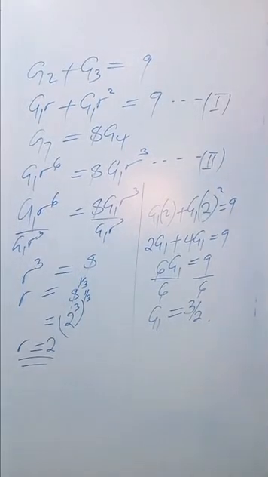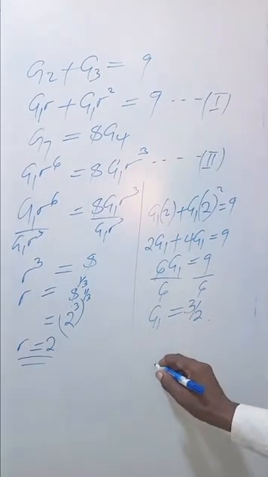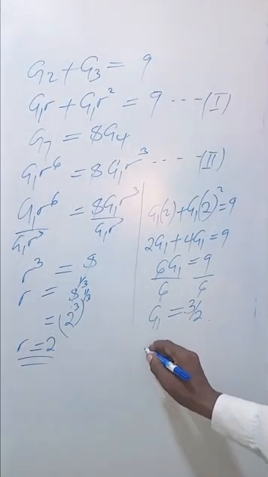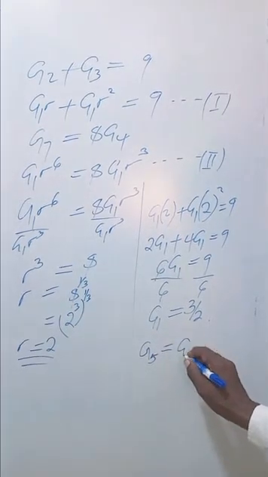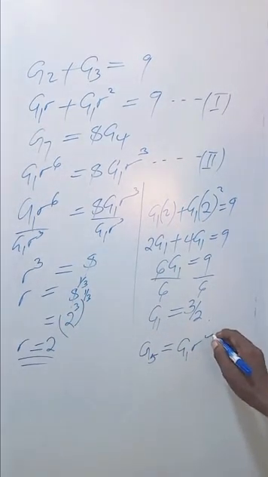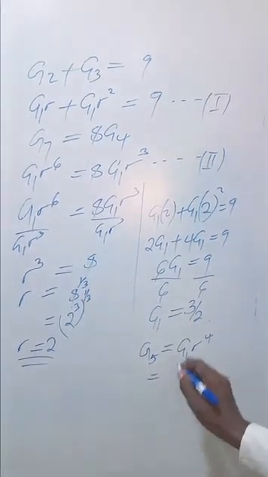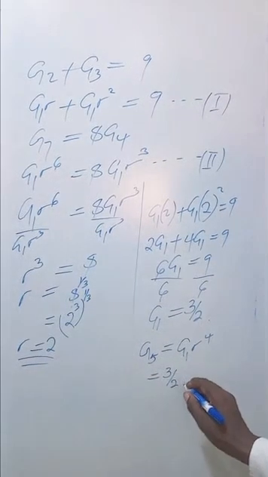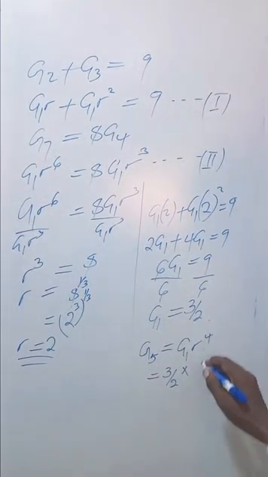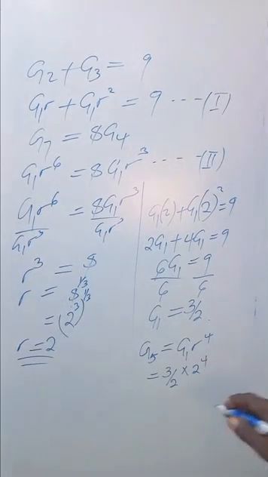We have our R and we have our G1. We are asked to find the fifth term, that is G5. According to the formula, this is G1 R raised to power 4. So this equals our G1 now 3 over 2, multiplied by R, which is 2 raised to power 4.